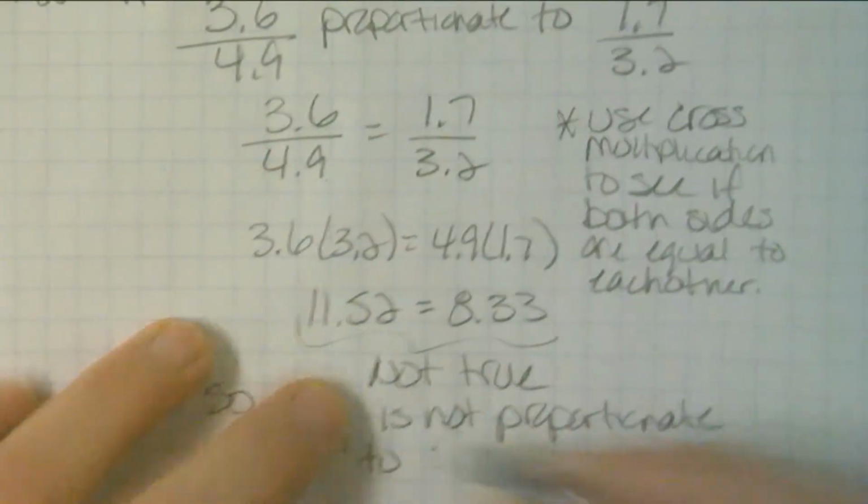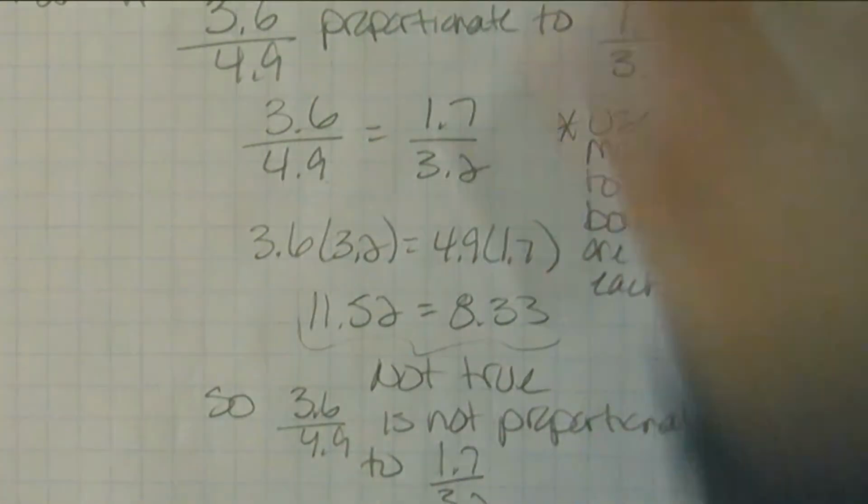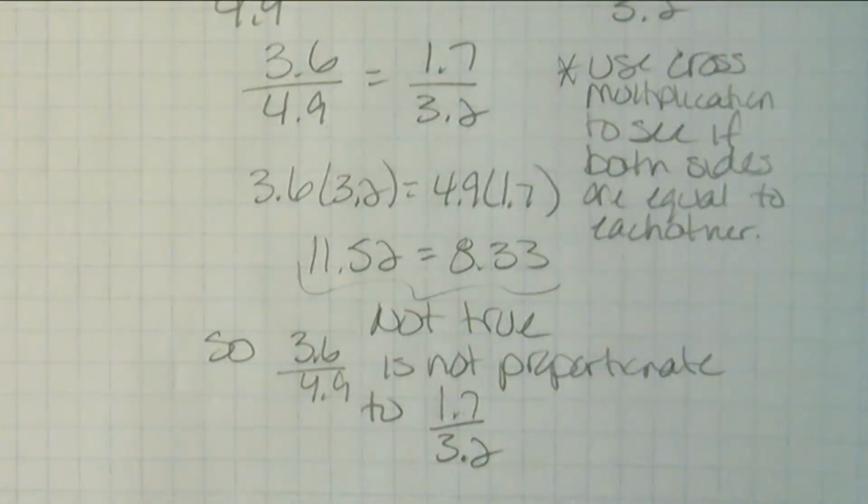That's what I've just proven. So if in your homework they ask you to prove if two fractions or two sets of data are proportionate to each other, you're creating the ratios like we normally would. You're setting them equal to each other. You're using your cross multiplication to see if the left side equals the right side. Okay?